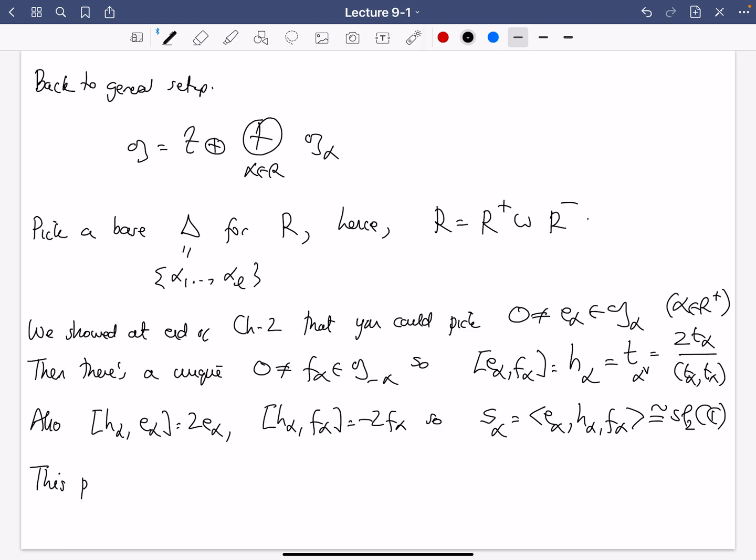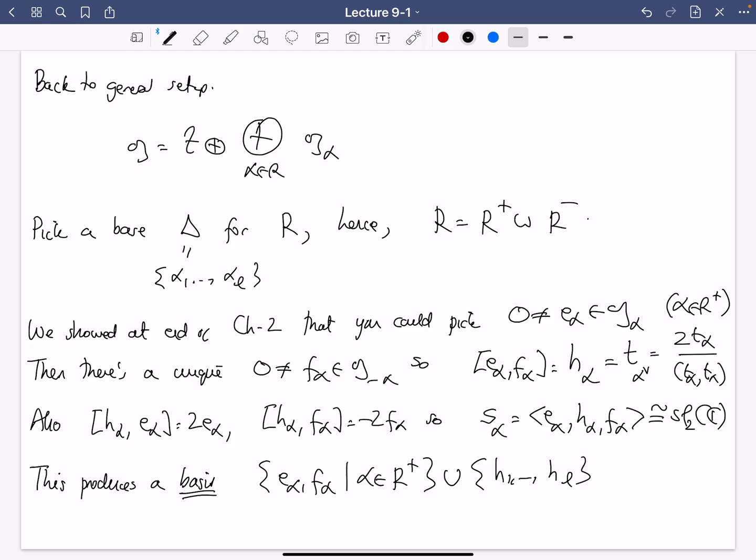All these choices produce a basis. So you need these E alphas and F alphas for all positive roots alpha. And then actually I'm going to just denote them H1 up to HL.